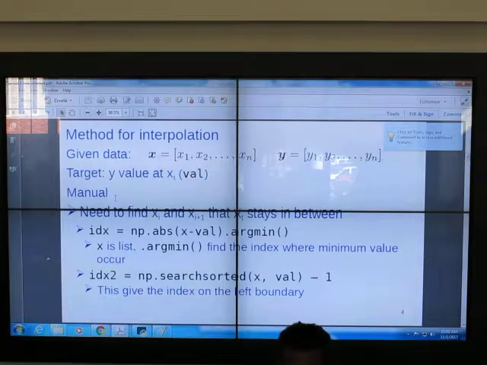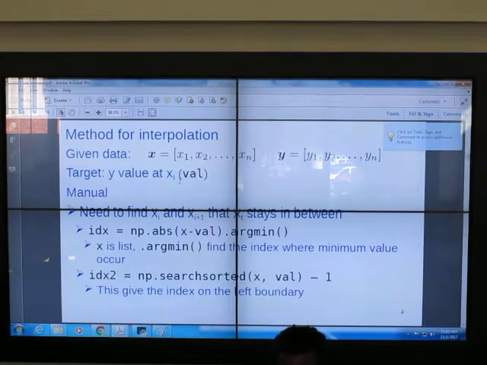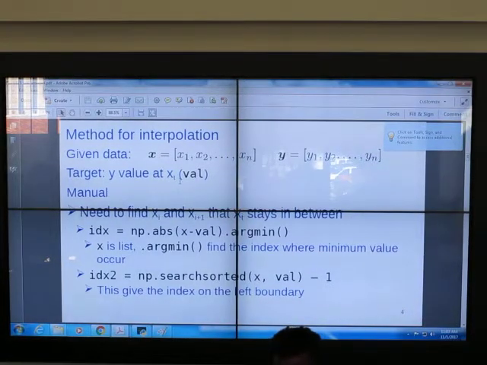So for linear interpolation, if we have many points, for vector x, we have 1 to n. Vector y, we have another 1 to n. So this means if I ask for the value of y at any x, I can calculate that y value, correct?